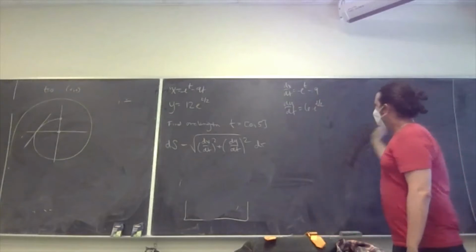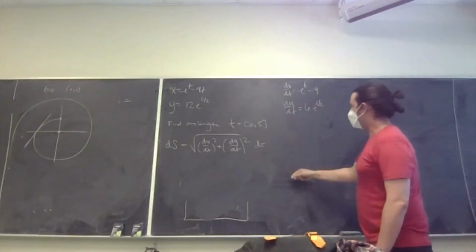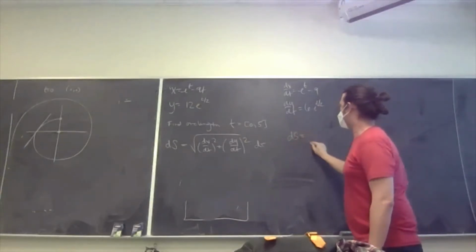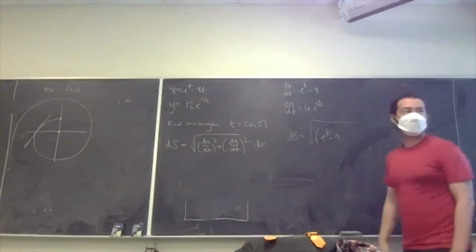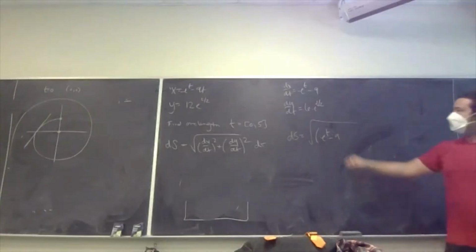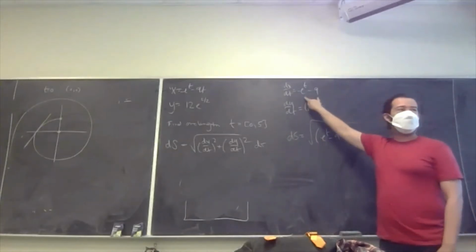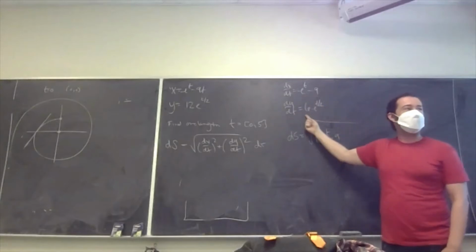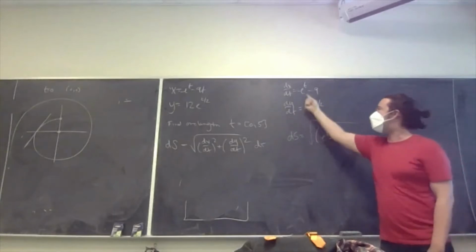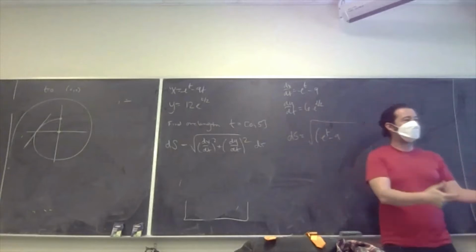Okay, so let's put it in here. So ds is the square root of e to the t minus, oh, I already know exactly what's going to happen. You're going to multiply this out, and there's going to be a minus 18 e to the t in the middle, and then it's going to get added to a 36 e to the t in the middle, which is going to make it from a minus into a plus, and then you'll just refactor it in the perfect square.